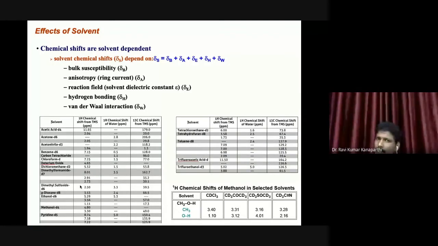Once the solvent is mentioned, you can easily rule out the confusion about whether a peak is from the solvent or your compound, because you have this knowledge.